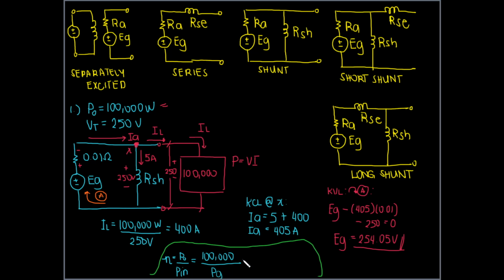What is the generated power? We've discussed this, it's the product of the generated EMF, which is 254.05, and the armature current, which happens to be 405. If we want it in percent, we can multiply it by 100%.